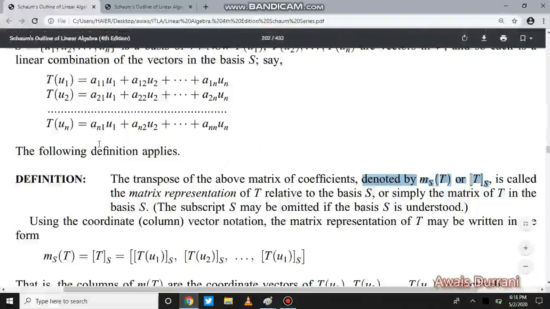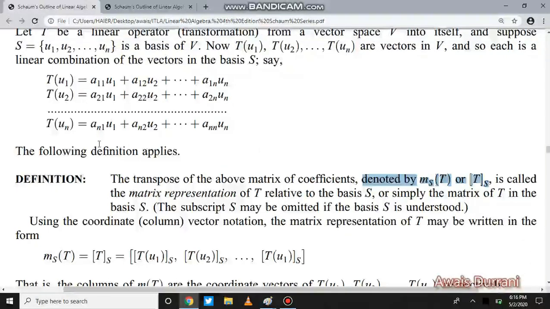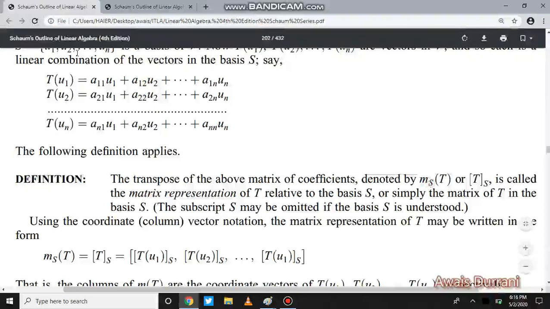So this we call the matrix representation of this linear transformation, and this new matrix will be represented by M of T with the basis S. If you understand that this is only the representation with respect to the set which is the basis, then you can neglect this and just say M of T, and not write the basis if you understand it easily.